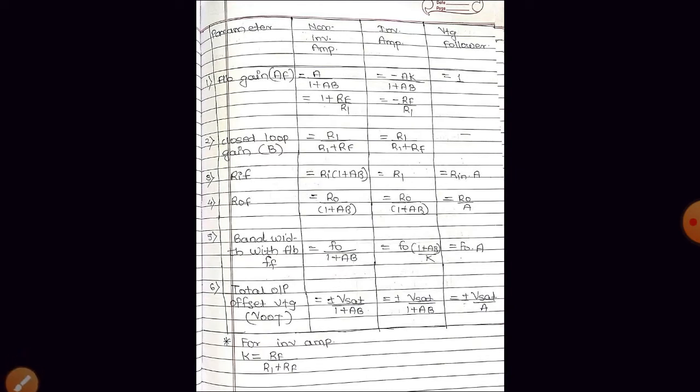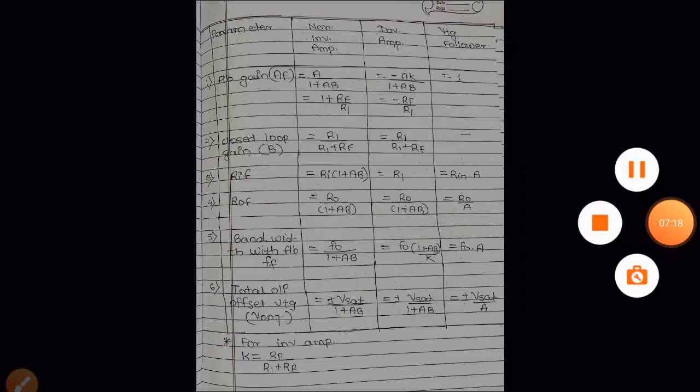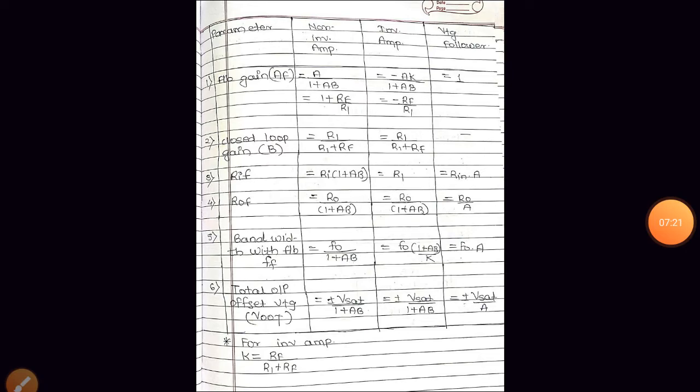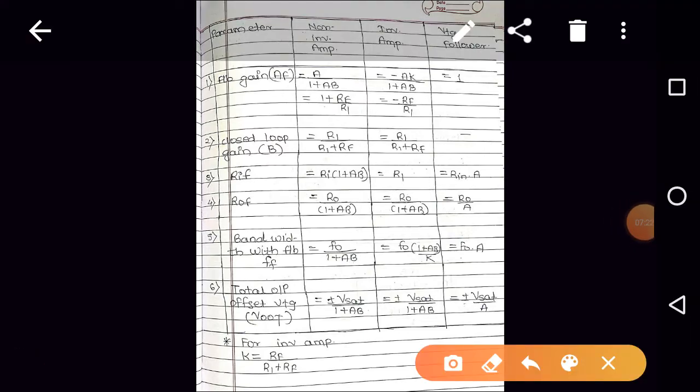See for non-inverting amplifier, feedback gain is 1 plus RF upon R1. For inverting amplifier, it is minus RF upon R1, and for voltage follower, it is 1.